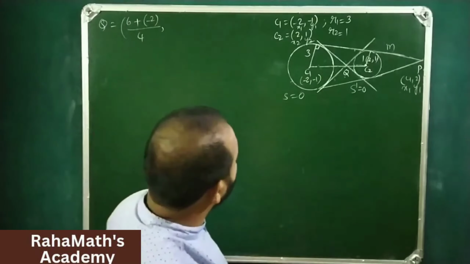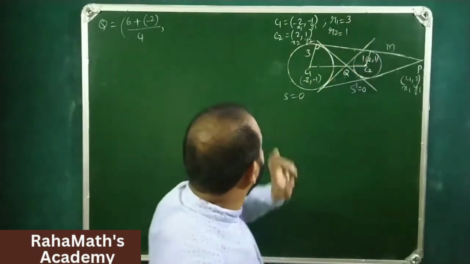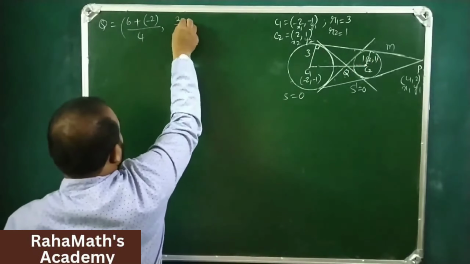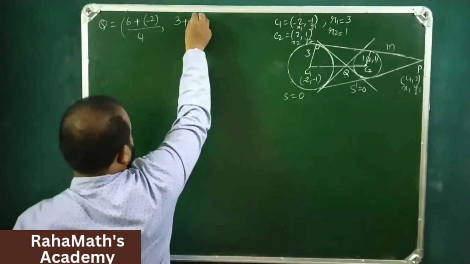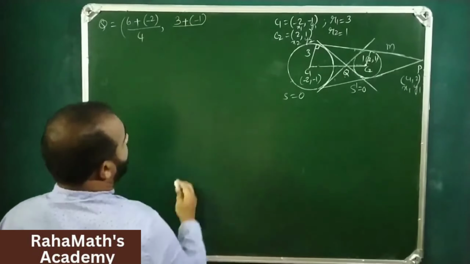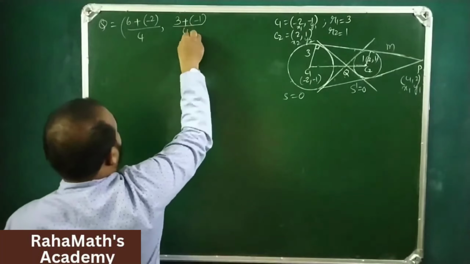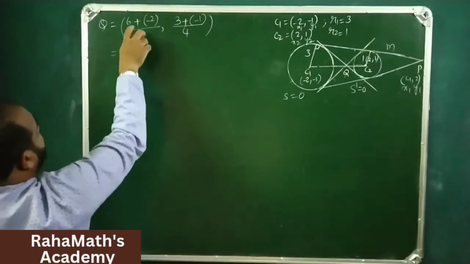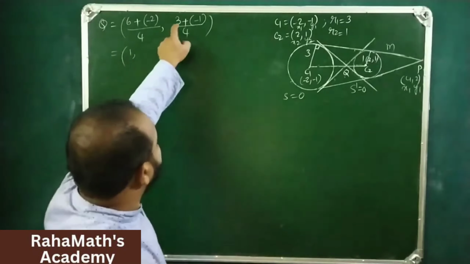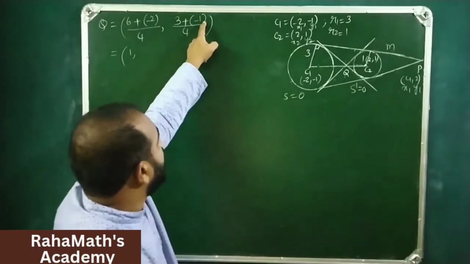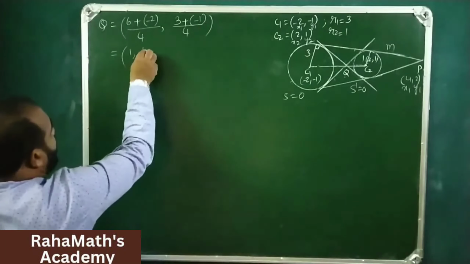Again, R1 y2, 3 into 1, 3, plus R2 y1, 1 into minus 1, minus 1, by R1 plus R2, 3 plus 1, 4. That is equal to 6 minus 2, 4 by 4, 1, comma, 3 minus 1, 2 by 4, which is 1 by 2.